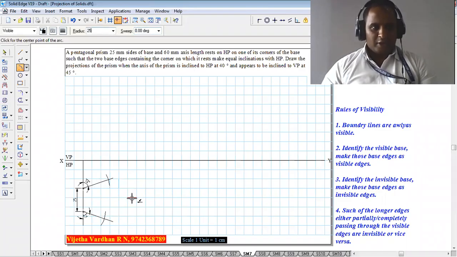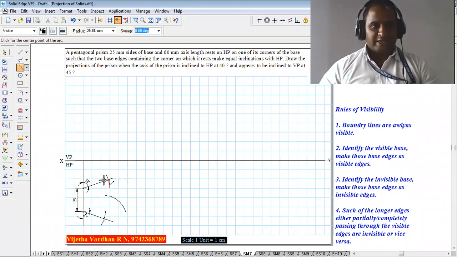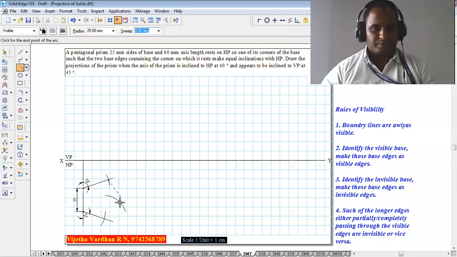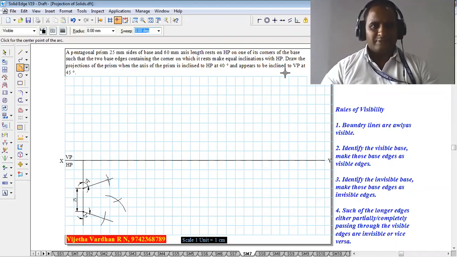And again, without changing the radius, keeping at the intersection of this arc and a line, we are supposed to draw one more arc over here, and in the same fashion, from the intersection of these 2 points, we are supposed to draw one more arc over here. Now, after drawing these arcs, we have to complete the lines, which I am going to show you.